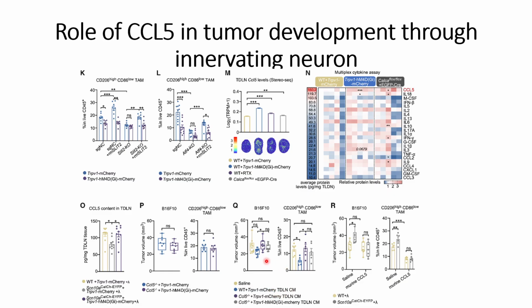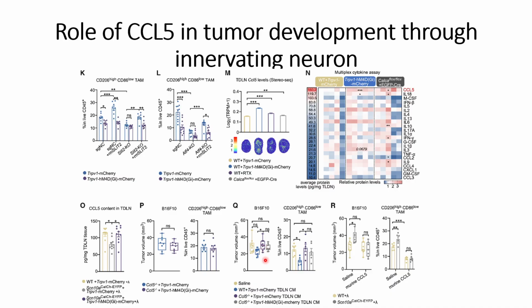In this case also, they see the same results. Once CCL5 has been knocked down, with and without chemogenetic inhibitions, they are not able to see any tumor suppression. However, there is an increase in the tumor volume compared to the case where they don't use chemogenetic inhibitions and CCL5 is knocked down. That can be seen here.